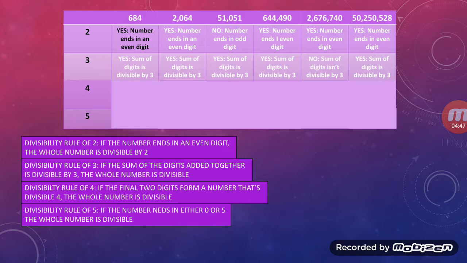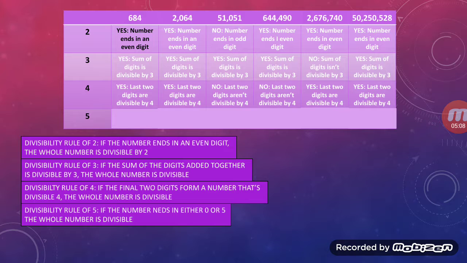So, for example, in 684, the final 2 digits of the number are 84. In the next ones, it's 64, 51, 90, 40, and 28 respectively. Now going through those different numbers, you'll check which ones are divisible by 4, and you will have your divisibility rule. So everything is divisible by 4 except for our third and fourth example numbers.